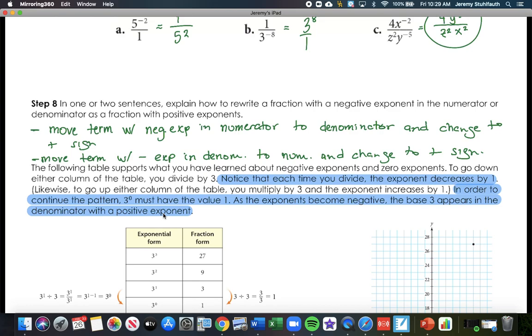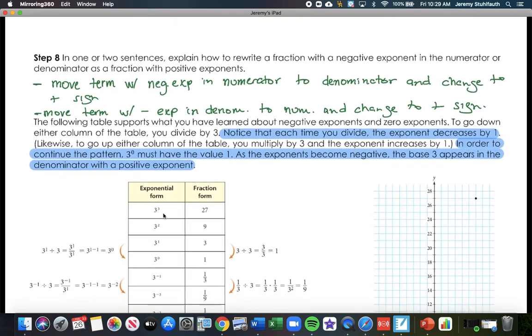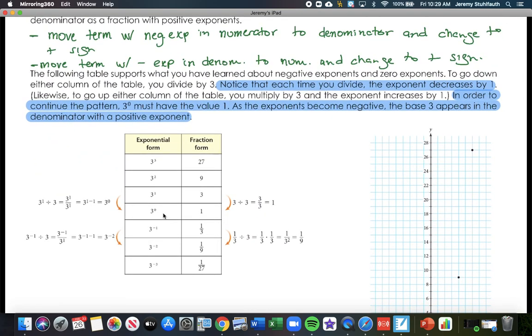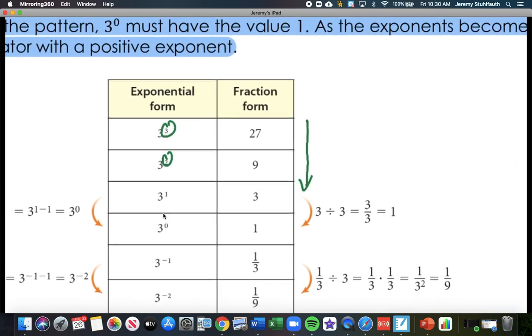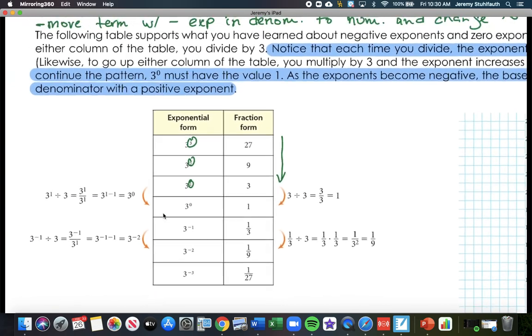Now, the following table supports what you've learned about negative exponents and zero exponents. If we look at this, to go down the table, you have to divide by 3. So 27 divided by 3 gives you 9. 9 divided by 3 gives you 3. And notice as you divide by 3 each time, the exponent decreases by 1.